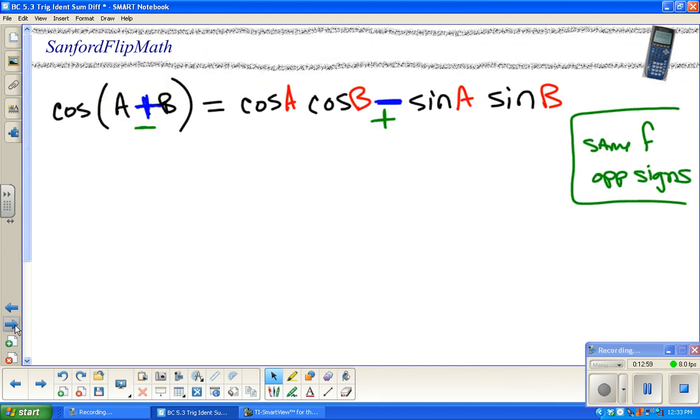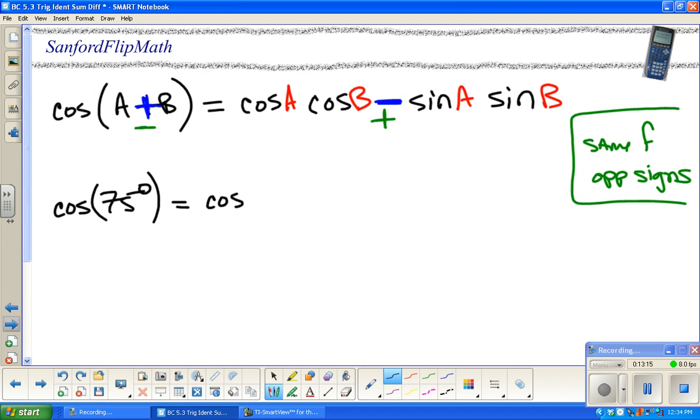All right, so here's the idea. What if we wanted to do the cosine of 75 degrees? Well, cosine of 75, I'm going to think about that like cosine of, well, what can you do with 45s and 30s to do that? Well, I guess it's just 45 plus 30.